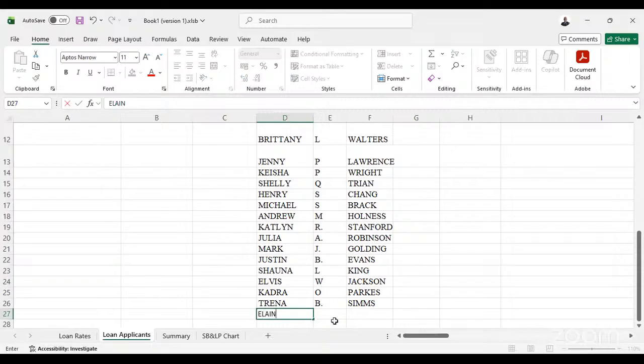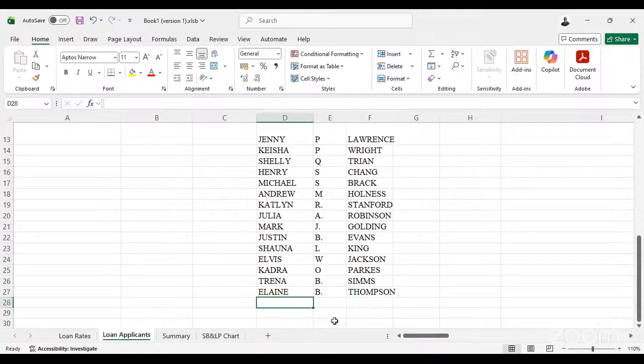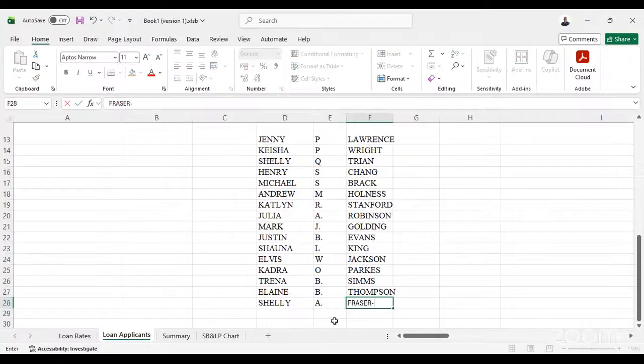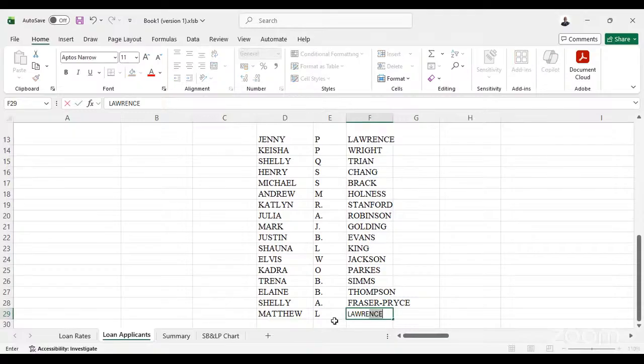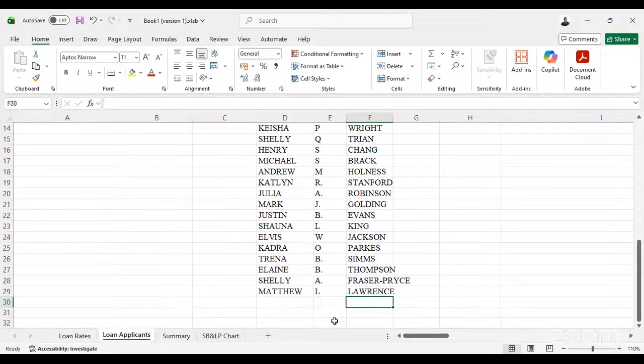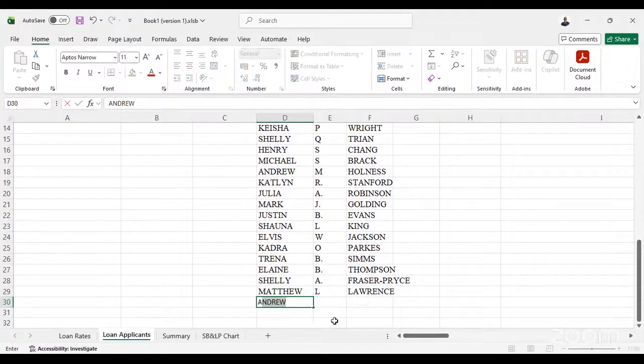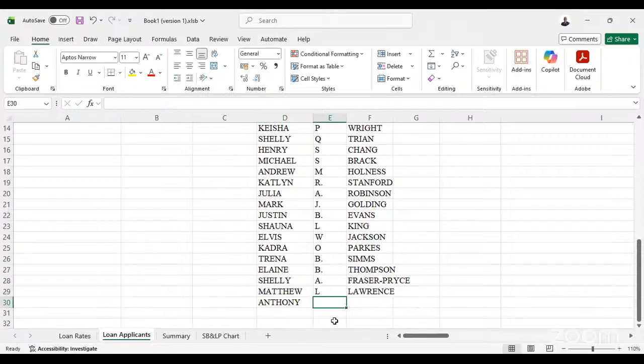Elaine B. Thompson. Matthew L. Lawrence. Anthony K. Smith. Colin K. Campbell.